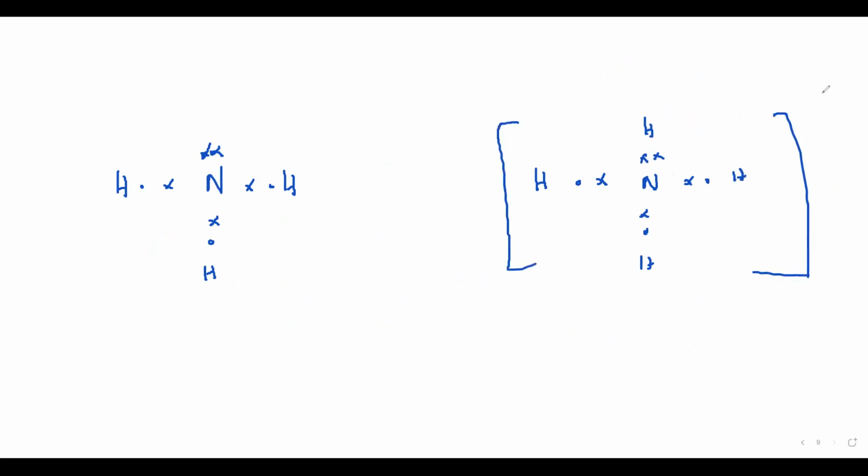Predicting the geometry depends on the bond pairs. So for ammonia NH3, and for ammonium, which is NH4.